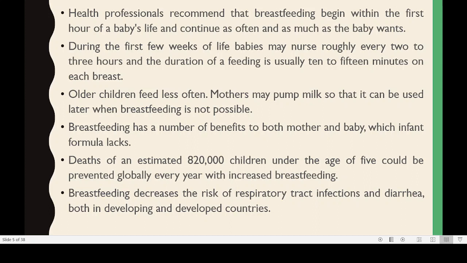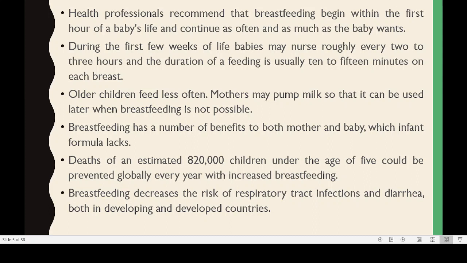That is why nearly 8.2 lakh children are dying because of the lack of adequate breastfeeding. That is why the WHO, the government, and everyone are telling people to breastfeed their children, because by a simple method you can avoid a lot of diseases.